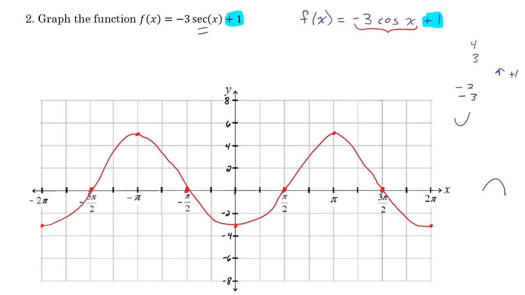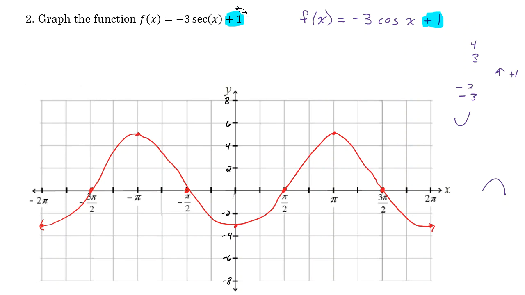Alrighty. Now, the reason that we have to look at this before the shift is because the asymptotes for the secant function are determined by when the cosine is 0 before the shift. So let me say that in a different way.